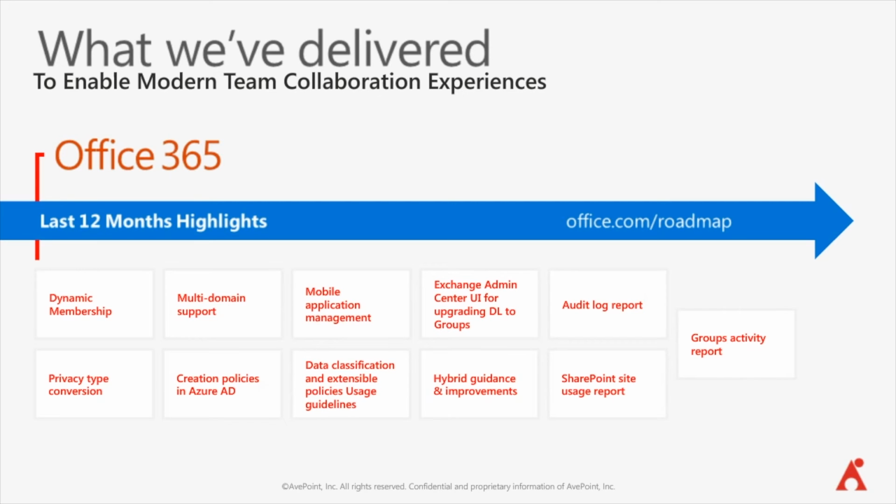One of the things, and I'll take you in when I set up my next demo, is that a lot of the controls are in Exchange, because Office 365 groups really started as an initiative from the Exchange team. The Exchange Online team was where we started to see these features first. You'll still have to go to the Exchange admin console to do some of these settings.